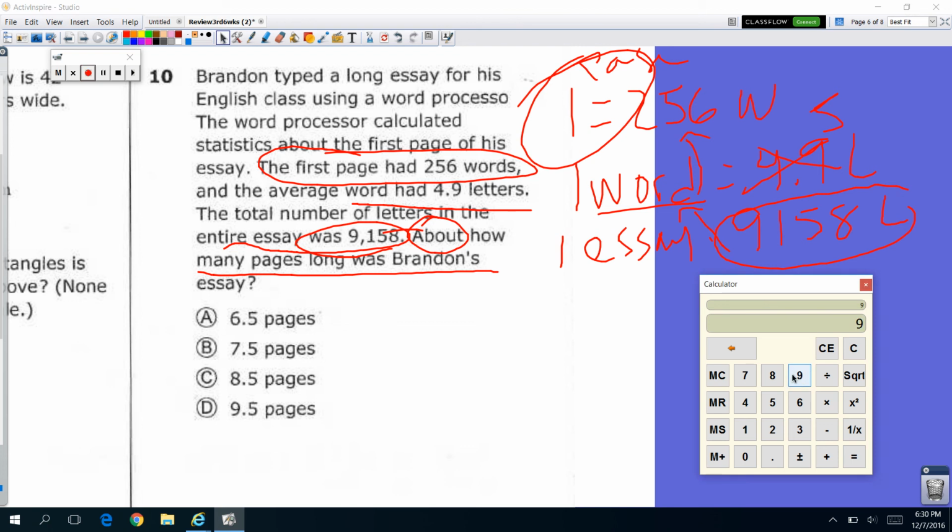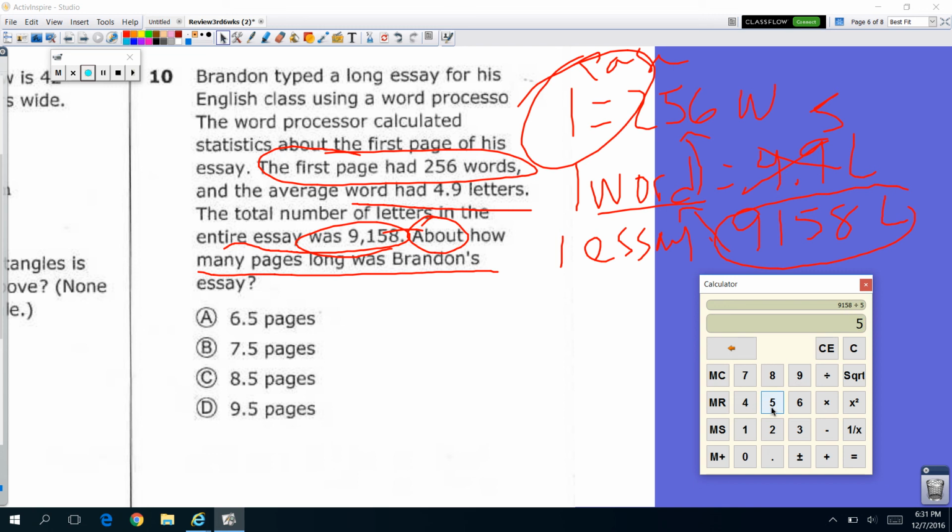So I have 9,158, and I'm going to divide it by 5. Oops, that was 55. So I'm going to go ahead and retype it. 9,158 divided by 5.